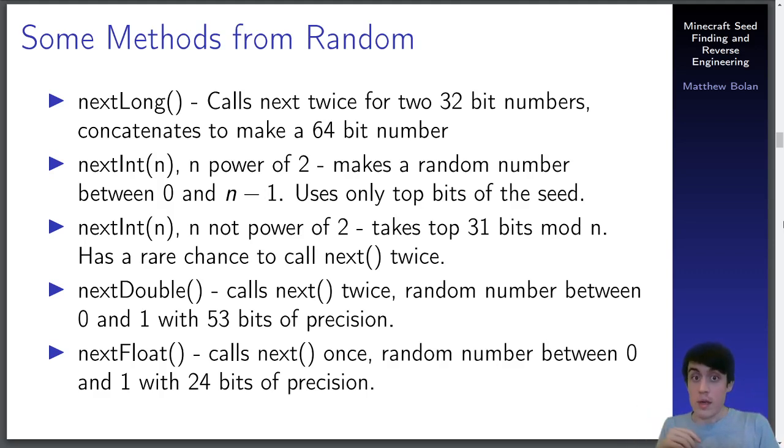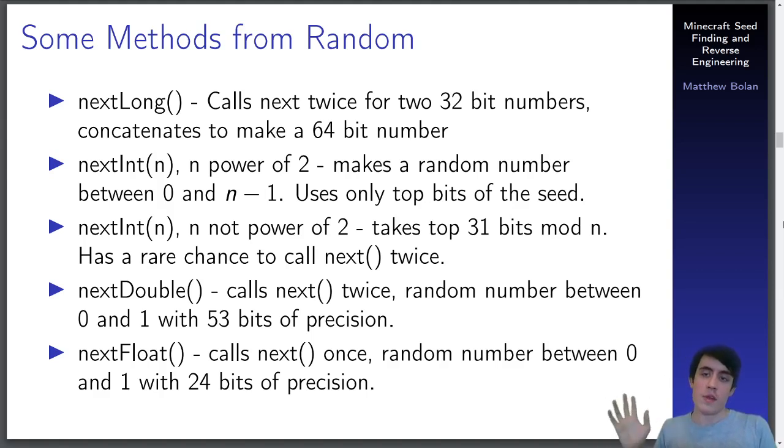And also, this gets called internally in Minecraft a lot because every chunk has its own copy of java.util.Random with its own little seed that runs to generate stuff within that chunk. So next long is very, very important for Minecraft seed finding. The others a bit less so, but they do show up a ton. I'll just go quickly through them.